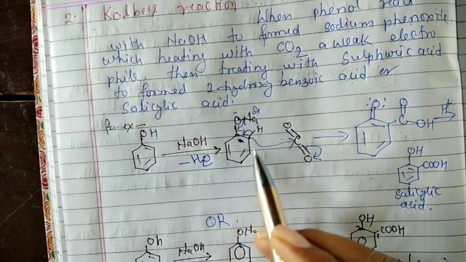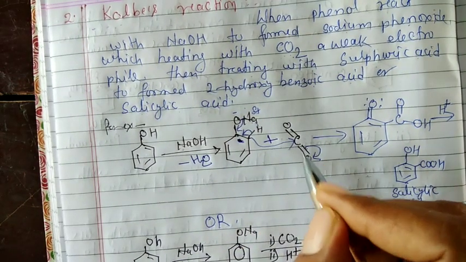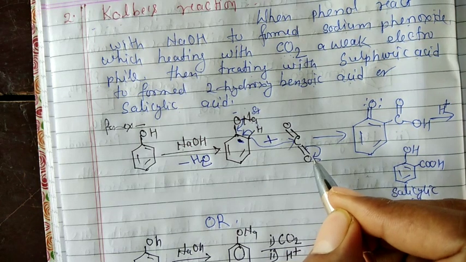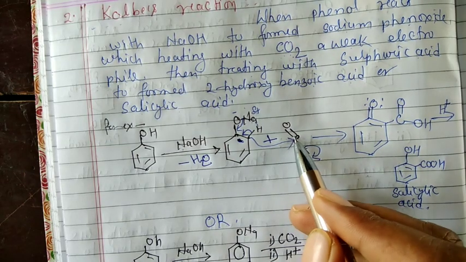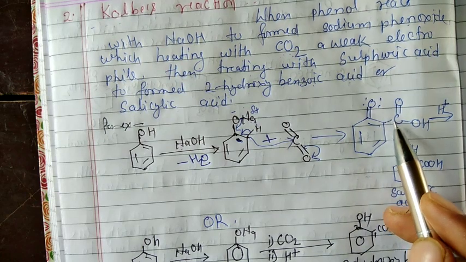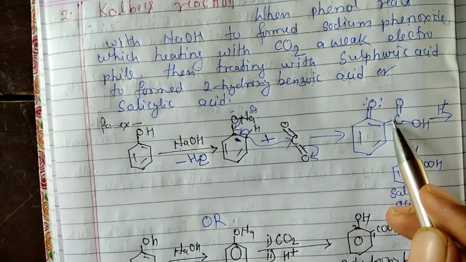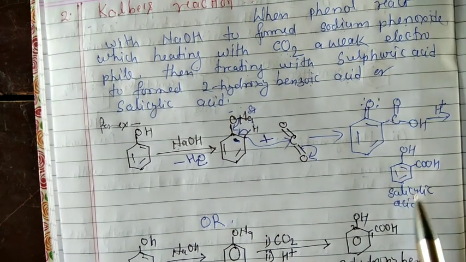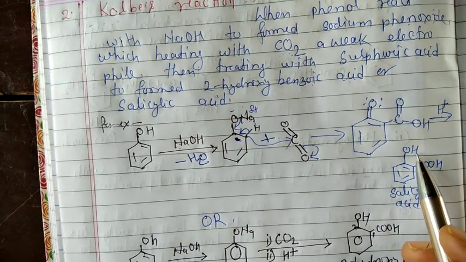This sodium phenoxide is further treated with carbon dioxide. This is the chemical formula of CO2, O=C=O. This CO2 group is introduced at the ortho position, and after hydrolysis forms salicylic acid.